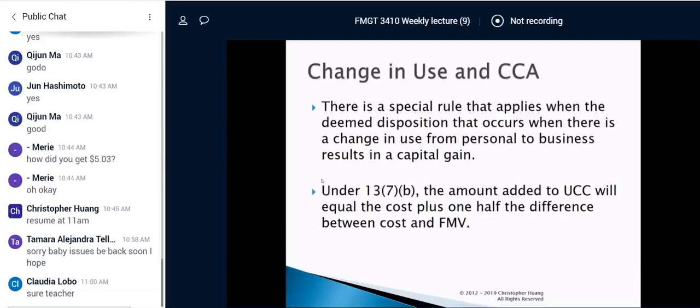Okay. Now, if you think about principal residence, we taught you guys under the rules that for a principal residence, you must ordinarily inhabit the property for it to qualify.